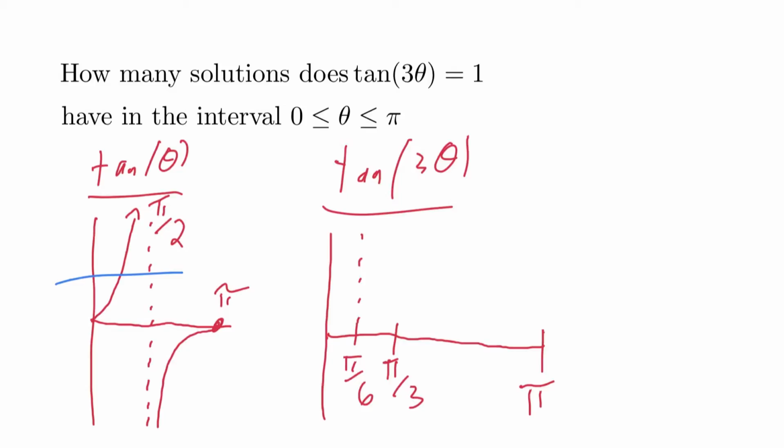If I plug in theta equals pi over 6 into tangent of 3 theta, that'll be like evaluating the original function at pi over 2. So I'll have an asymptote there. So here is one iteration.